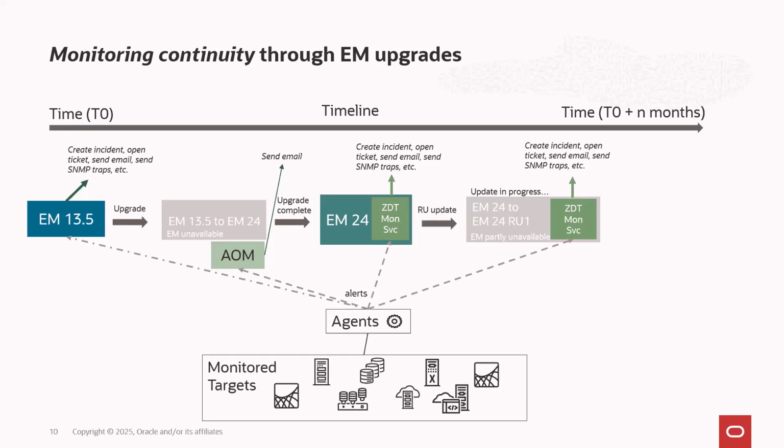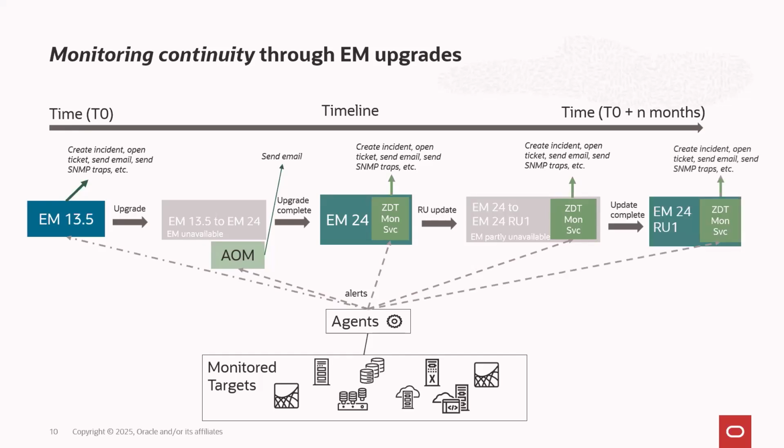It can continue to create incidents for events or alerts sent by the agent, open tickets, and send emails and SNMP traps, et cetera. And once the update is complete, the monitoring service continues to work as well.